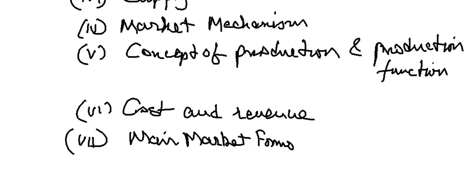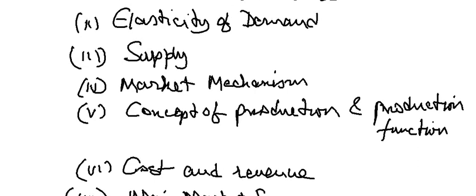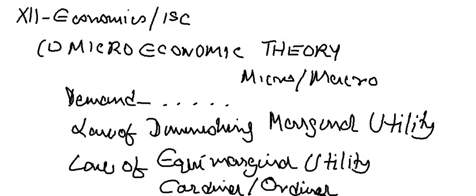So this was a pretty long part of the syllabus, I understand, but this is the first thing, you know how the syllabus starts in class 12. This all is covered, and I'm just wrapping up for you once. First thing, class 12 economics, you are studying microeconomic theory.